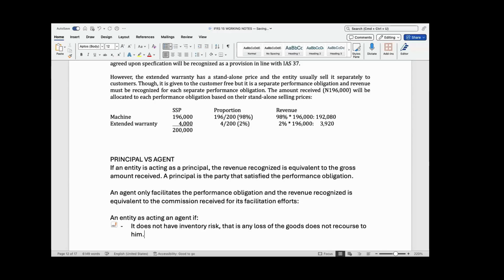So if the inventory should get lost or spoiled in the warehouse, it is none of his business.